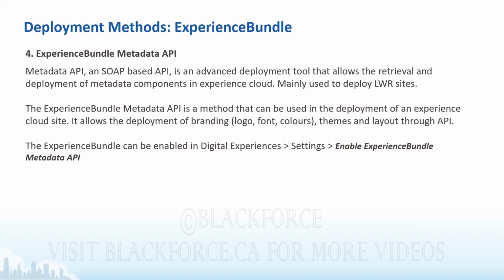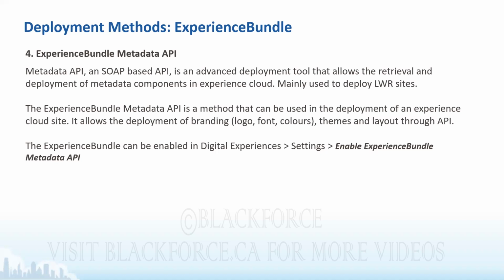So a Metadata API is a SOAP-based API. It is an advanced deployment tool that allows the retrieval and deployment of metadata components in Experience Cloud. It is mainly used to deploy LWR sites. The Experience Bundle Metadata API is a method that can be used in the deployment of an Experience Cloud site.